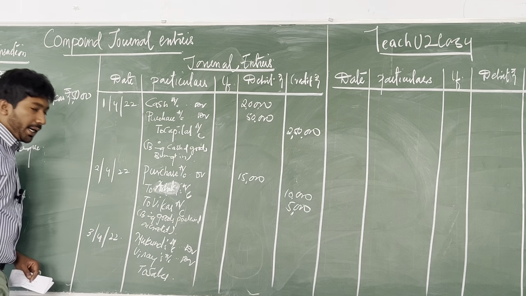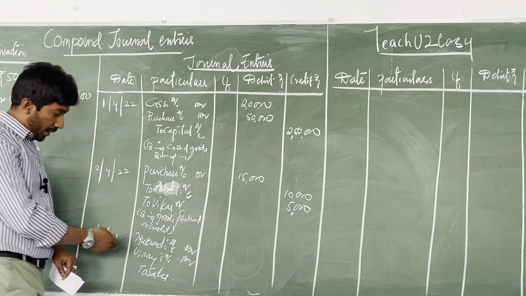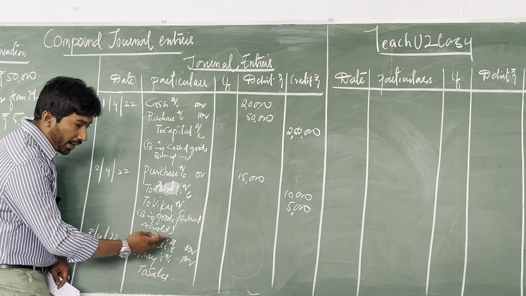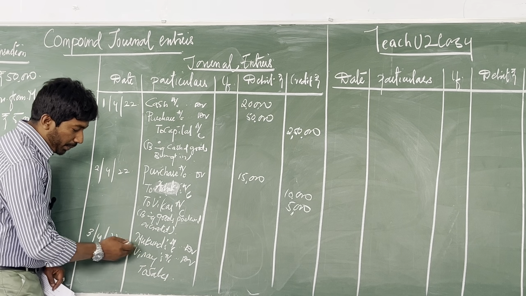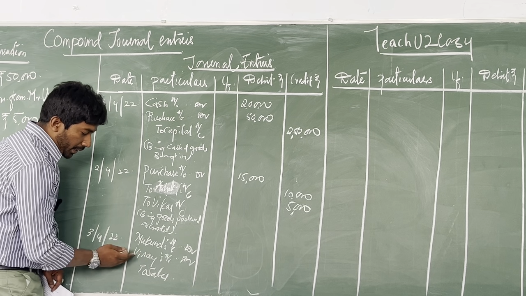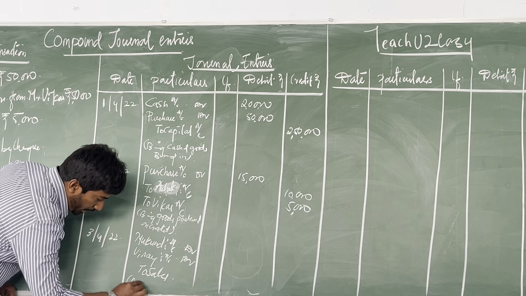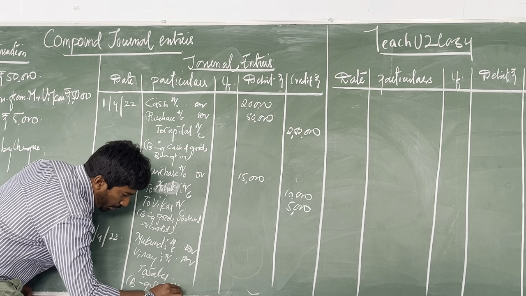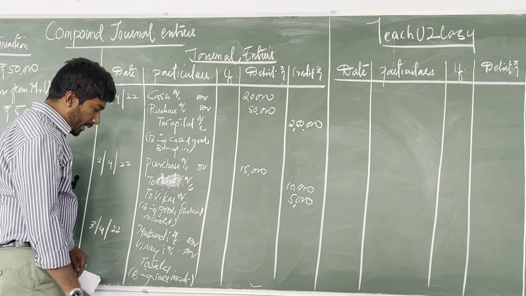So normally we write cash account debit to sales account. Since it is a credit transaction, we are writing the name of the person. Here we have two people as we are doing a compound entry. Mukund's account debit, Vinay's account debit to sales account. You can write the narration: being sales made. If you want to make it as simple as possible, you can write being sales made.